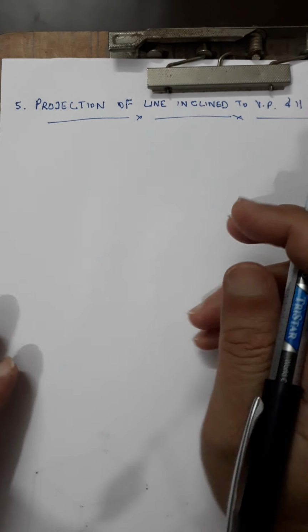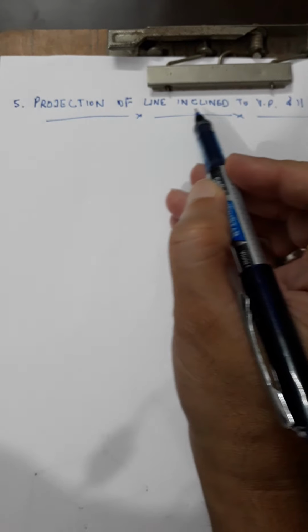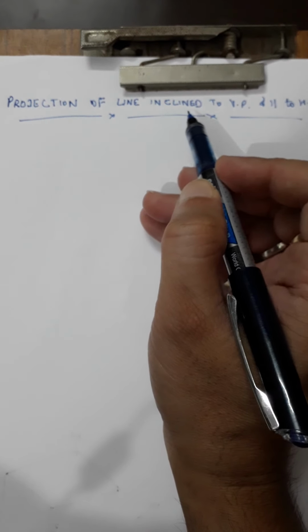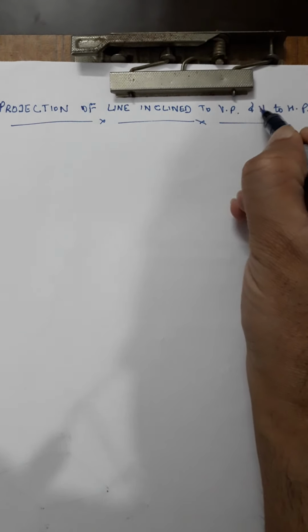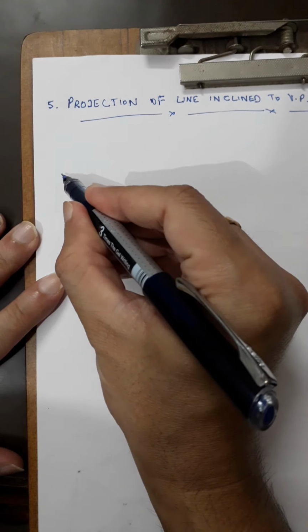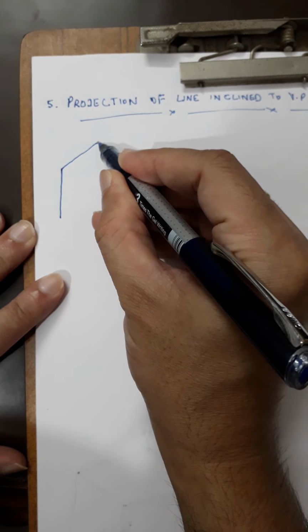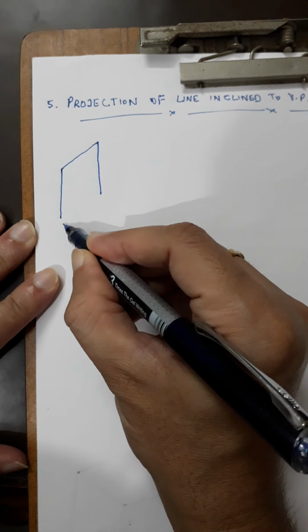So, hello students. In this lecture I will discuss the projection of the line when it is inclined to the vertical plane and parallel to the horizontal plane. First I will draw the pictorial drawing. This is the vertical plane as usual.